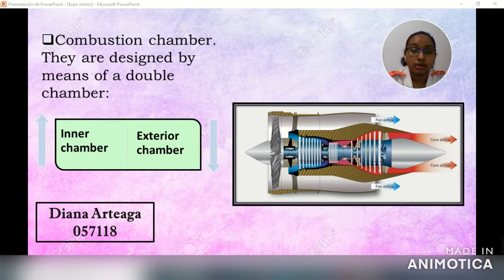In the inner chamber, the fuel mixture is produced through the injectors and the auxiliary ones, which receive air through distributors from the outer chamber, in three phases. In the first, the mixing of air with the fuel and its combustion is carried out by means of a pilot flame.